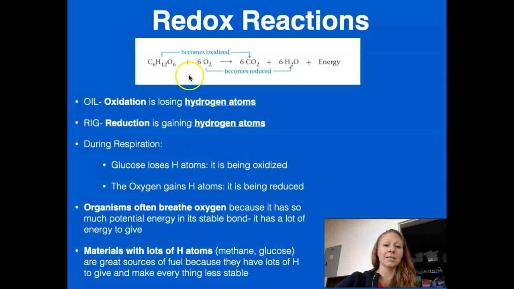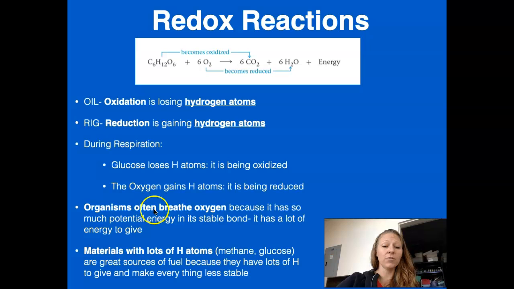It is being oxidized. Let's look at this. Here we go. We have carbon, hydrogen, and oxygen. And so this glucose has lost hydrogen atoms. Oxidation is loss of hydrogen, and so therefore, it is being oxidized. And so the O2 is gaining hydrogen, and so therefore, it is being reduced. Remember, reduction is gain.